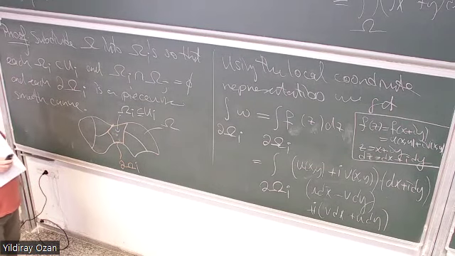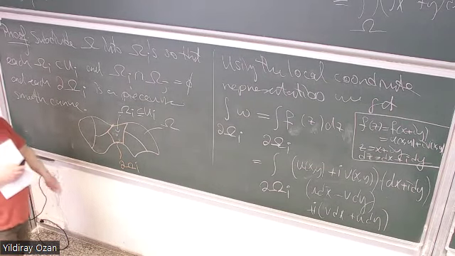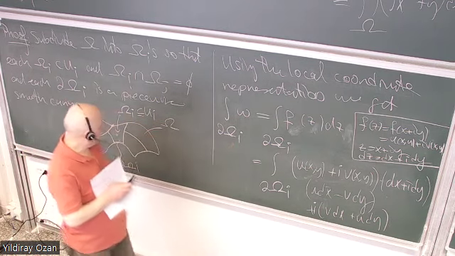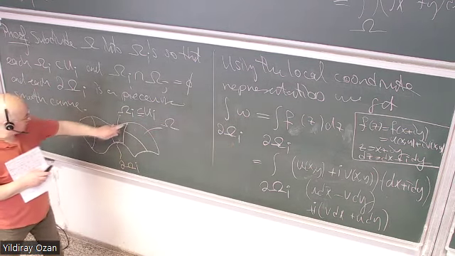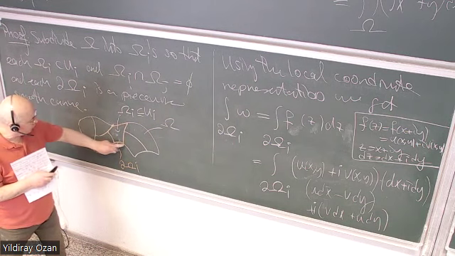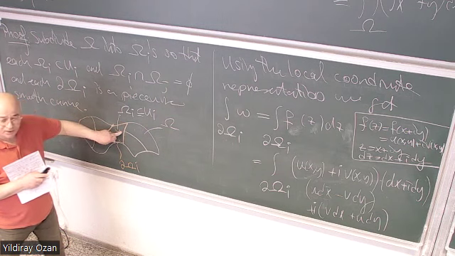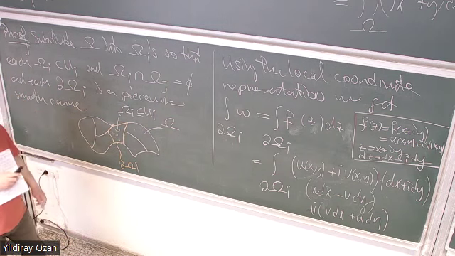So we have seen that this integral is zero. What is that? It is integral over, this 1, 2, 3, 4, 5 pieces of curves.